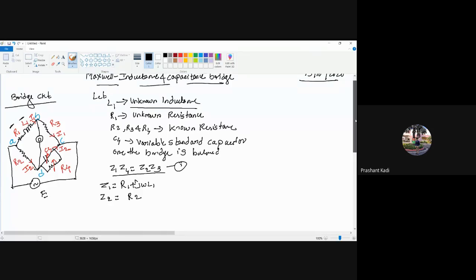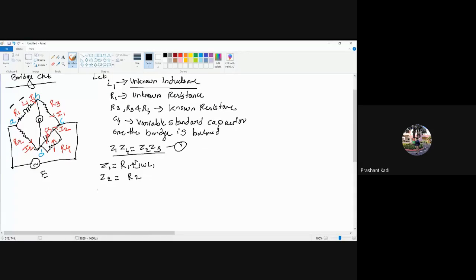Okay, so next go for Z3. Z3 is also having only resistance, R3. Next is Z4, which is important. Here R4 and C4 are in parallel.